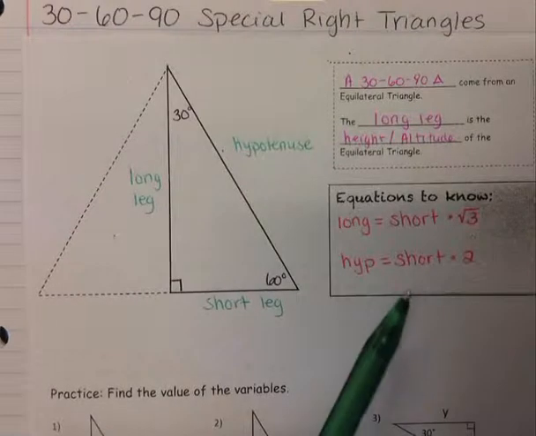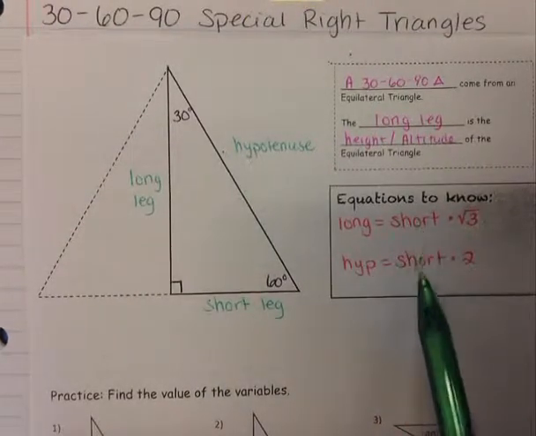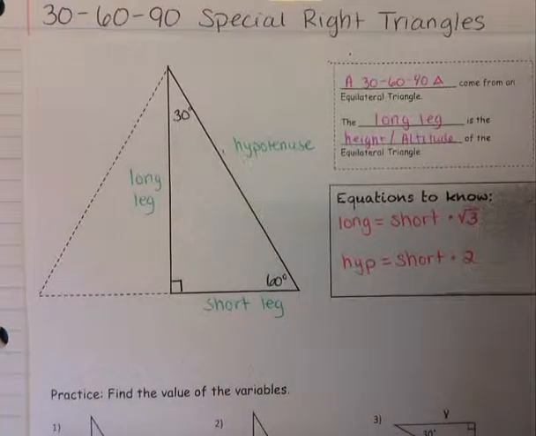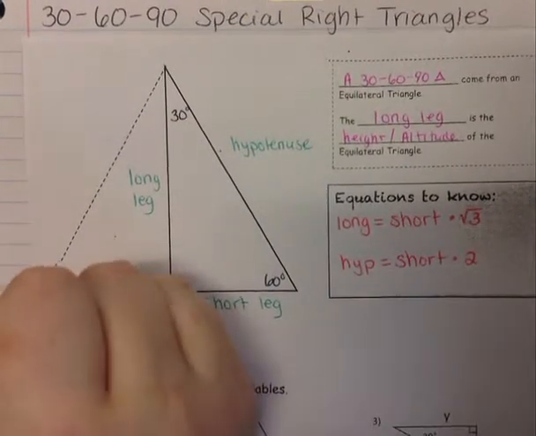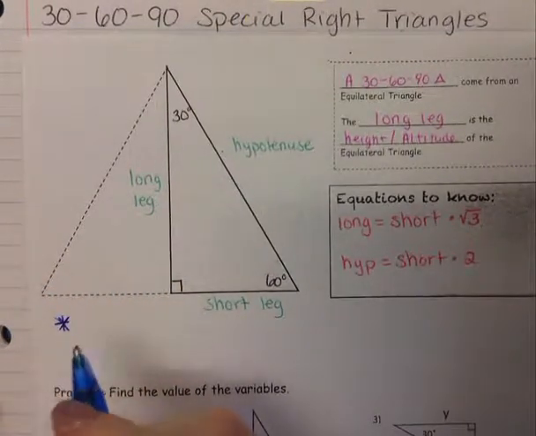Now, if we notice in the equations, both of these equations, you have short inside of the equation. What that means is that you need to have your short leg first. So if you don't have your short leg, you need to solve for the short leg. So I'm going to make a note. If you have your short leg, you can find everything.